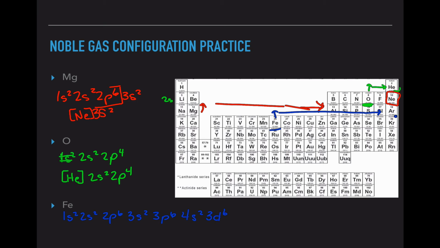And argon is at the end of the 3p level. So I can cross off all of this section and just write Ar, 4s2, 3d6. And that would have saved me a lot of time if I would have done that in the first place.